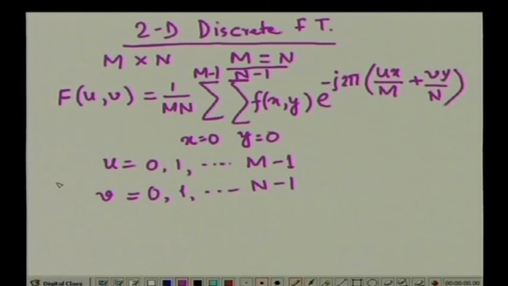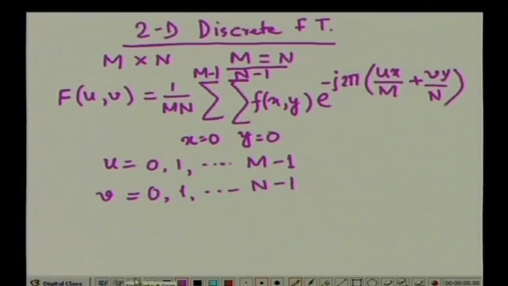So, this is the forward two dimensional discrete Fourier transformation. In the same manner, we can also obtain the inverse Fourier transformation for this two dimensional signal.